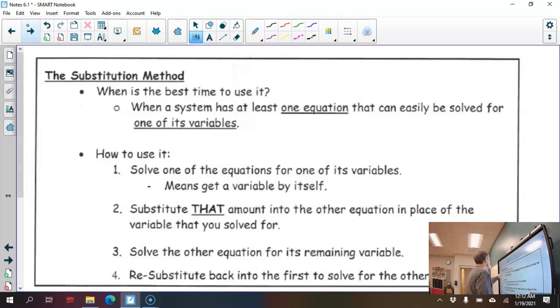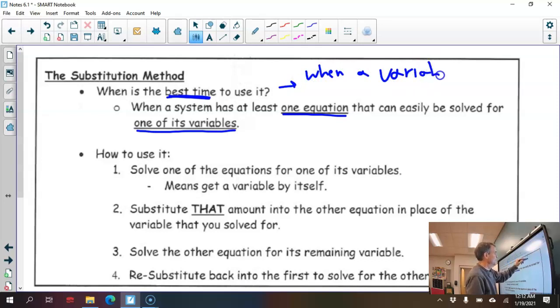The best time to use the substitution method is when one of the equations can be easily solved for one of its variables. I might even go a step further and say the best time to use the substitution method is when a variable is by itself.